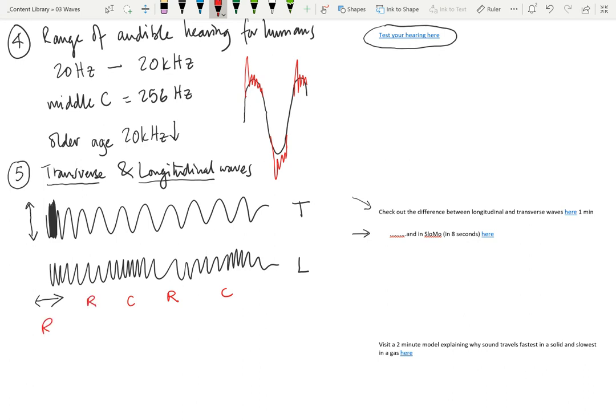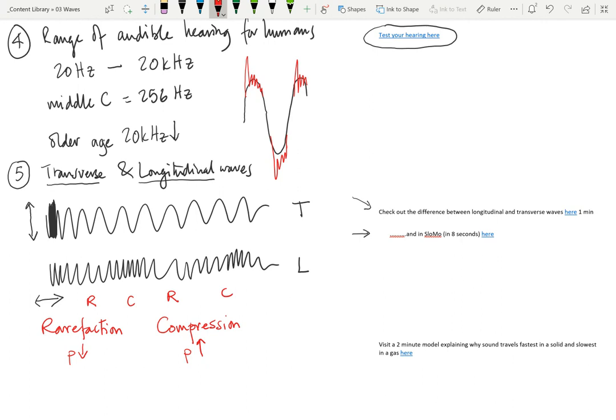So R stands for rarefaction. Some people say, why isn't it called a decompression? C stands for compression. Compression means the medium is squashed up, so the pressure goes up, and a rarefaction means that the pressure goes down.